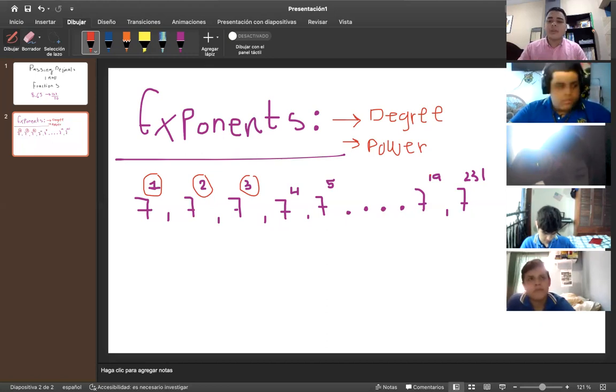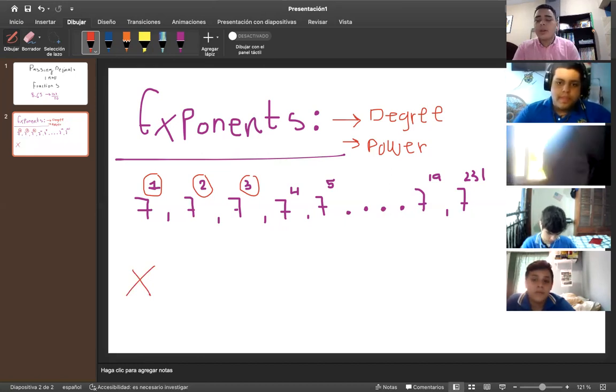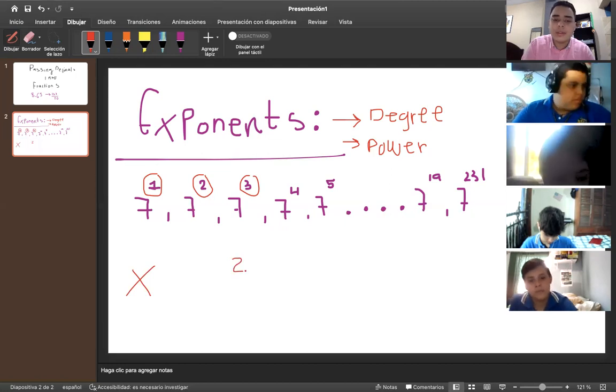Well, in algebra, you are going to see that we call it a degree when the exponent is related with a variable. Next year, guys, you are going to see numbers and variables together. Variables are letters. For example, you're going to learn polynomials next year.